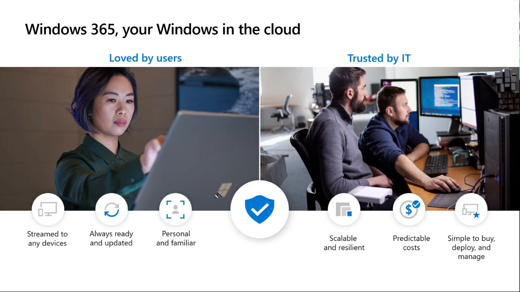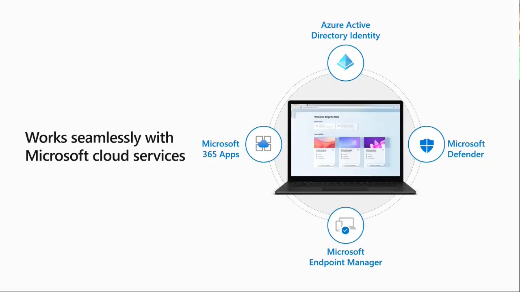So, just one slide before the demo. Here's a general understanding of Windows 365 as a part of our Microsoft ecosystem, because it uses Microsoft Endpoint Manager to manage cloud PCs.